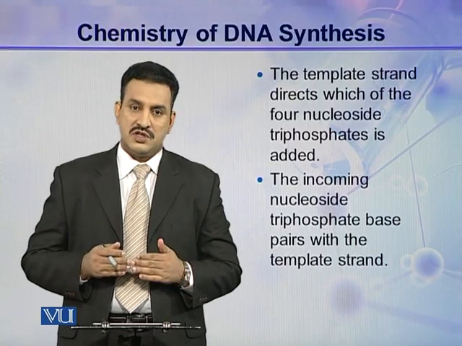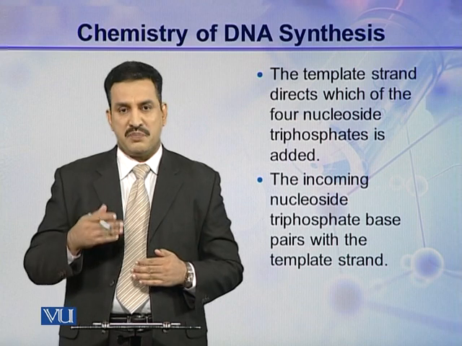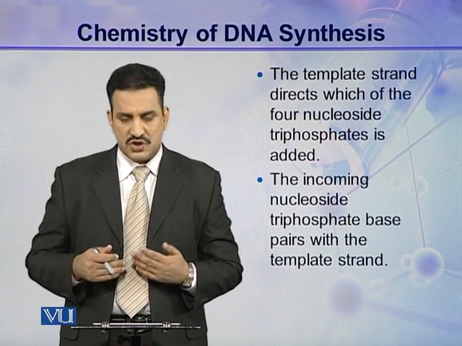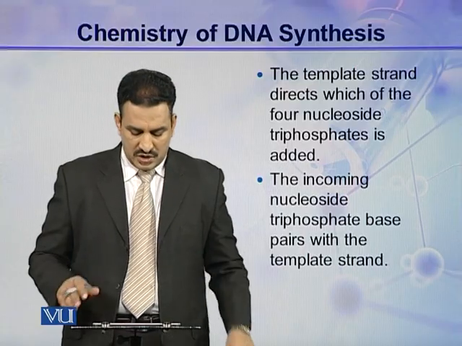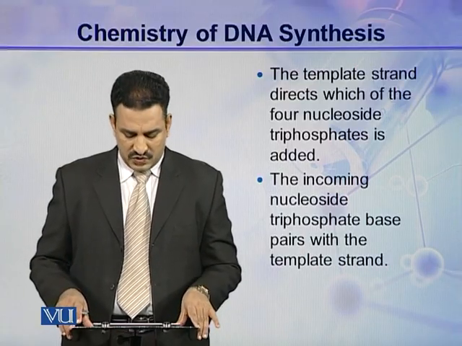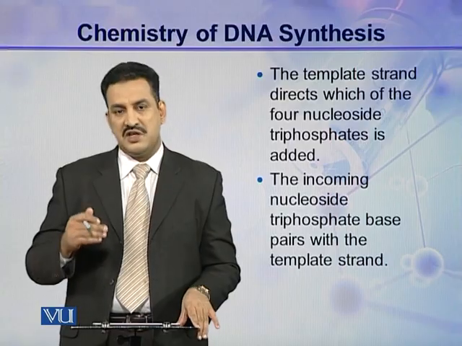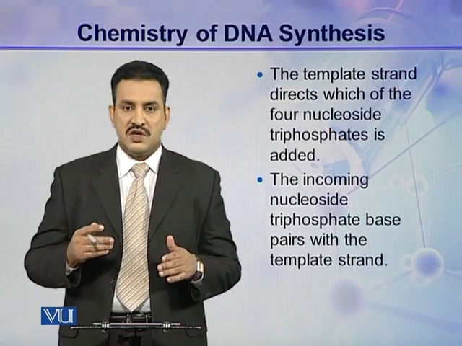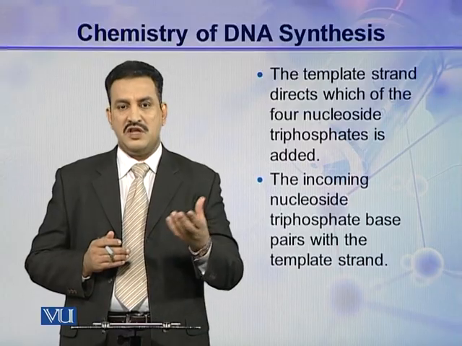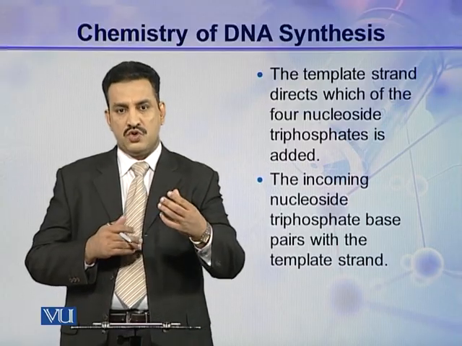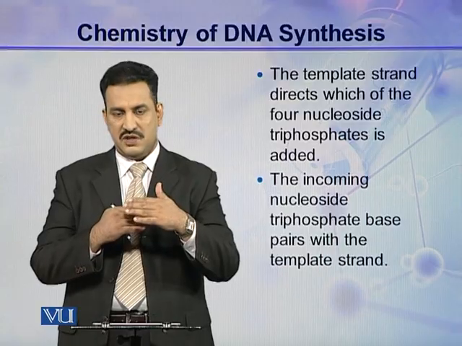So, it is the template that decides, and not the primer, which type of nucleotide will be added. The incoming nucleoside triphosphate base pairs with the template strand, because it is the template nucleotide which allows the incoming nucleotide to base pair with it.